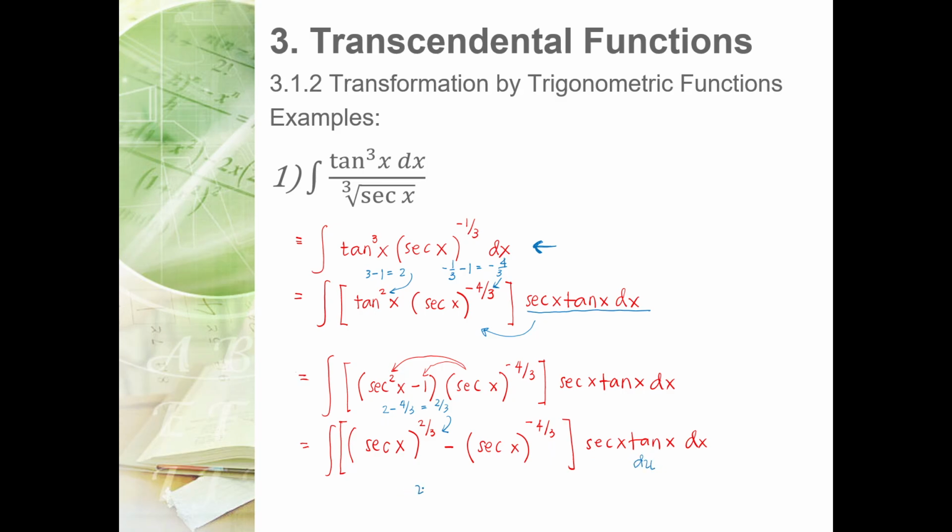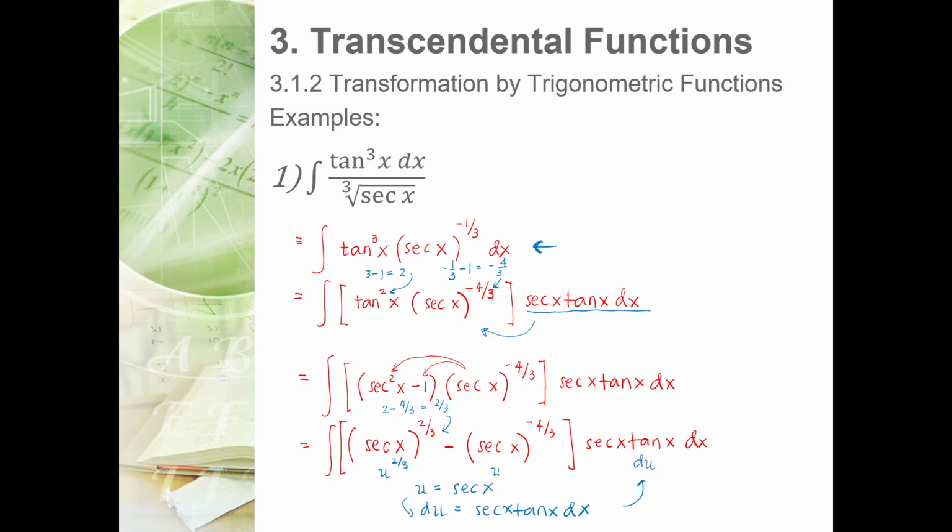So from derivatives, we know that the derivative of secant x is secant x tangent x dx. So this one is the du. And this becomes u to the power of 2/3.